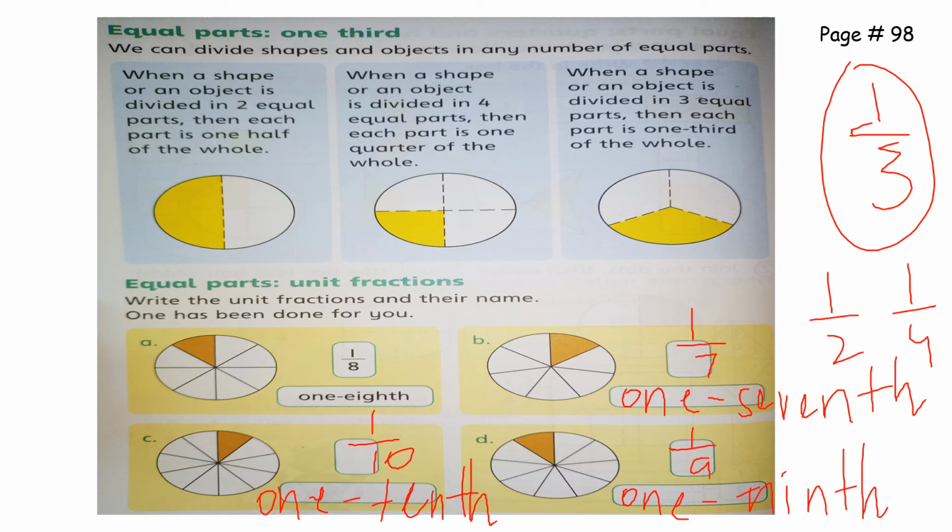You have to add th at the end of the number that is written below. 8th, 7th, 10th, 9th. These are called ordinal numbers.